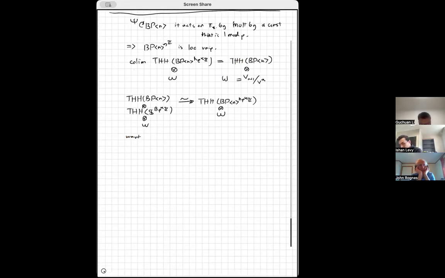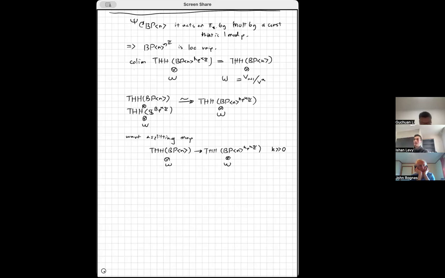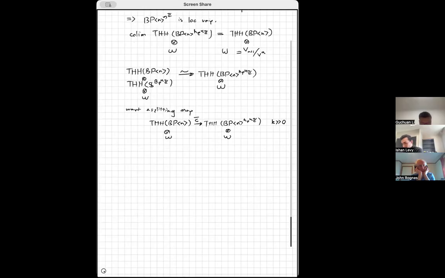So yeah, we want a splitting map from THH of BPN into THH of BPN, the HP to the KZ for K sufficiently large after tensoring with this W. And so let's call this splitting map C bar, and let's call this hypothetical comparison map that, so if you had the C bar, then you could just tensor with this object, I'll call this WK.